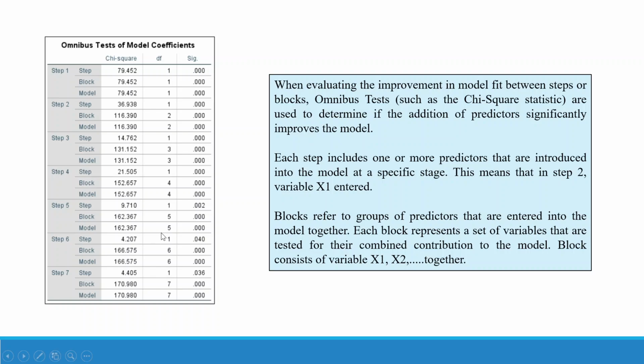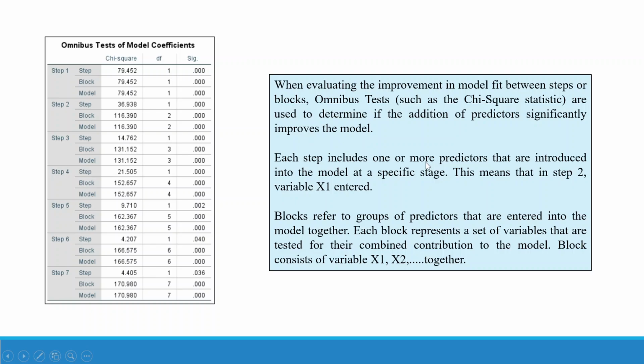Okay, so we have to identify which model is better. Remember, these are the p-values and they should be less than 0.05. So what is the interpretation? It is about evaluating the improvement in model fit between steps or blocks. In a step, a predictor variable is inserted, and the block consists of all the predictor variables together. The omnibus tests are used to determine whether the addition of predictor variables significantly improves the model or not.